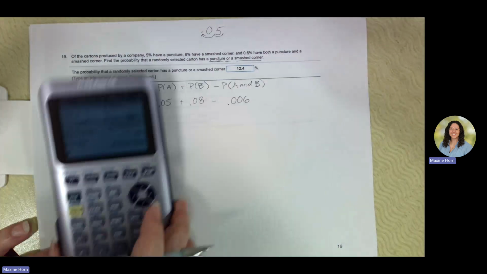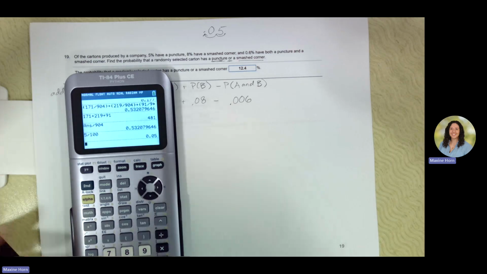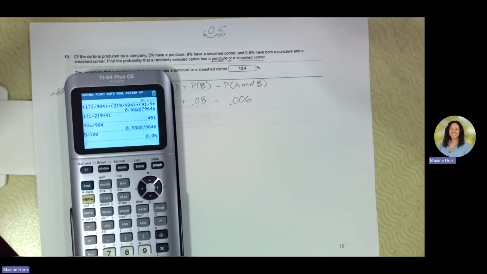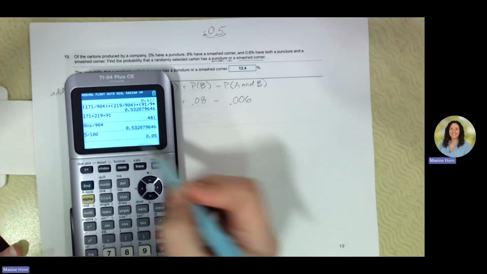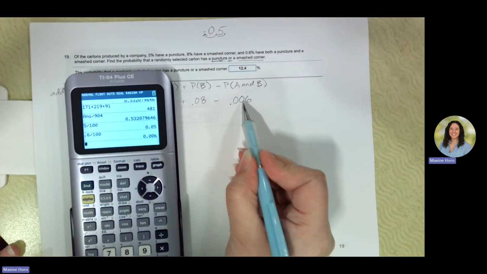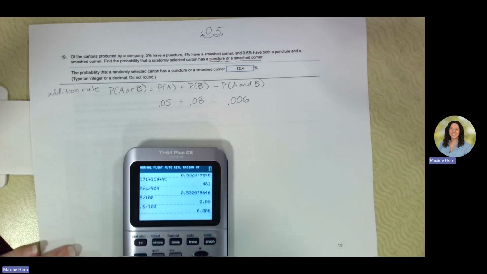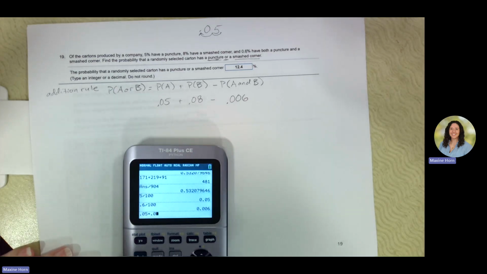Or you could say divide it by 100. 5% is 5 out of 100, which is 0.05. If I have 0.6%, that's 0.6 out of 100, which is 0.006. You don't want to get a question wrong because you accidentally did 0.06 instead of 0.006.